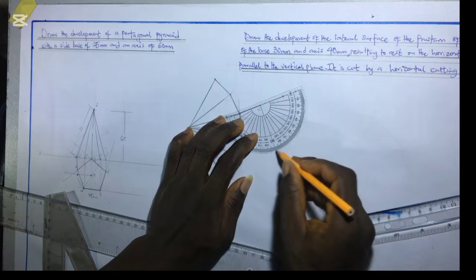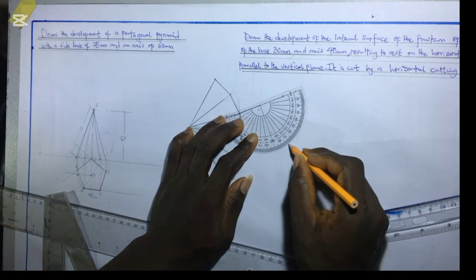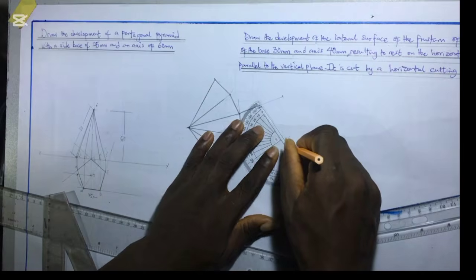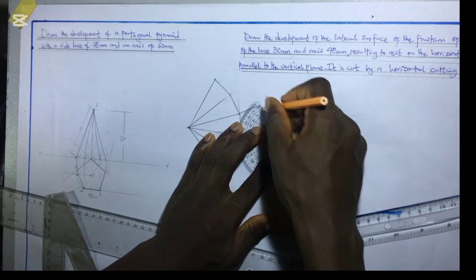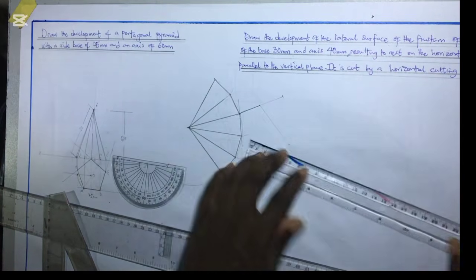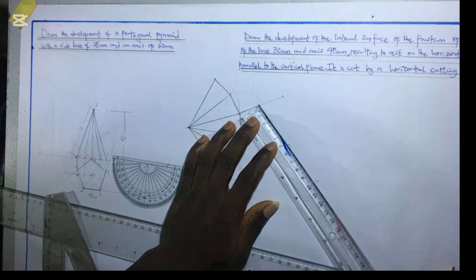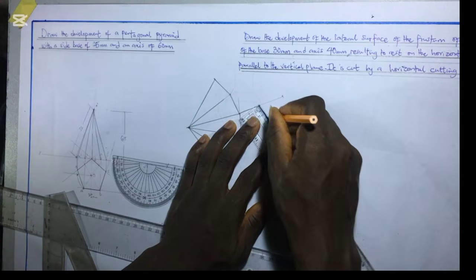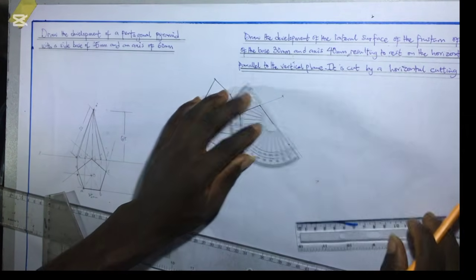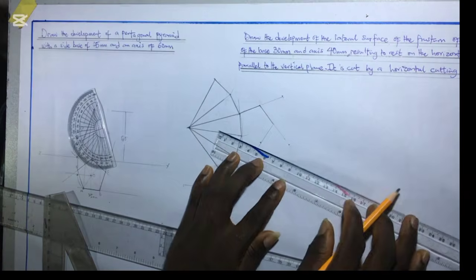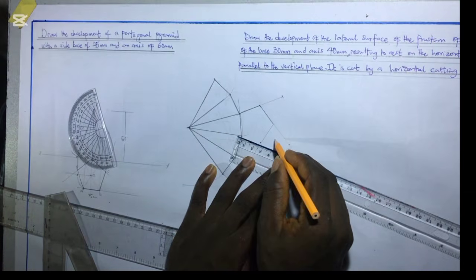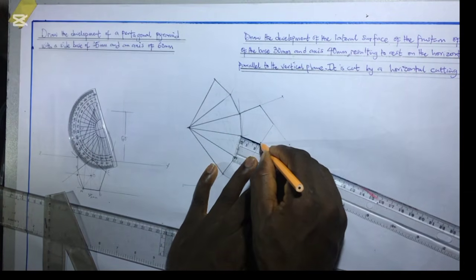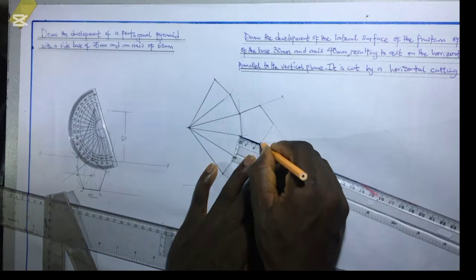You measure it this way, 108. You measure your 25 also. So you come here again. The same should be 2.5. Yes, it should be 2.5.